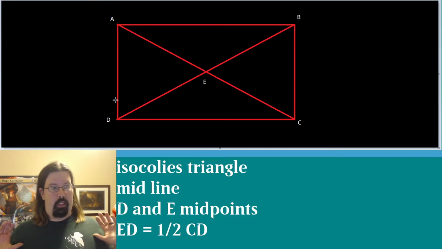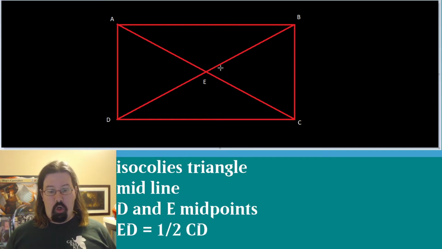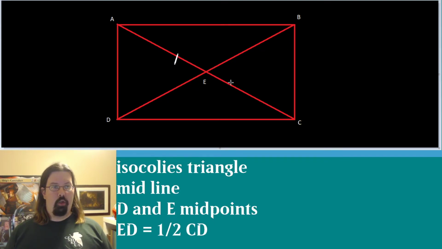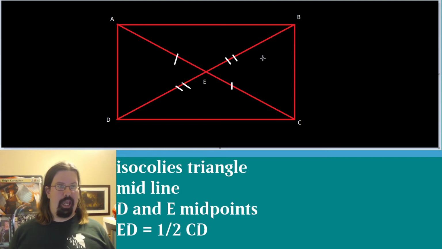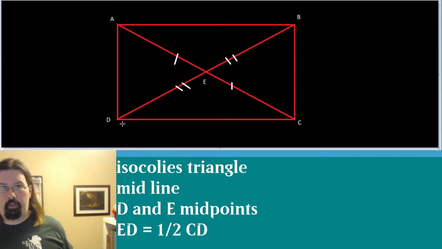Now, a couple really useful pieces of information about diagonals. Diagonals will always meet at a point here. They will not always be perpendicular, but they will always bisect each other. Point E is the midpoint for both AC and BD. Okay?